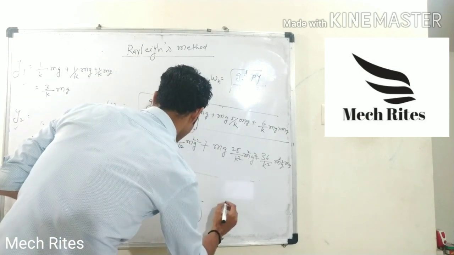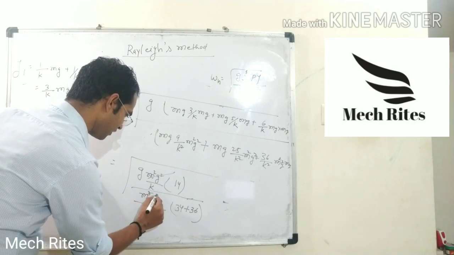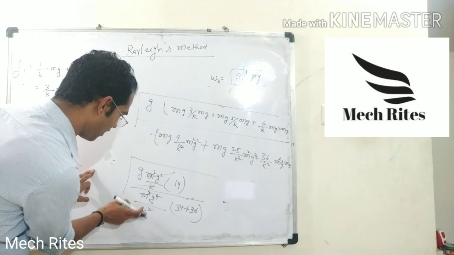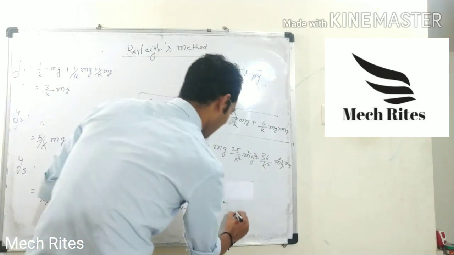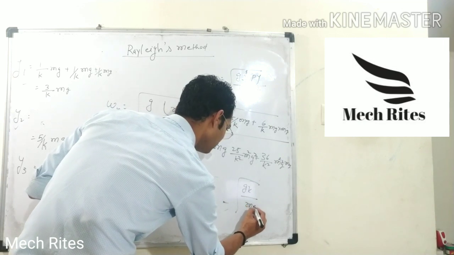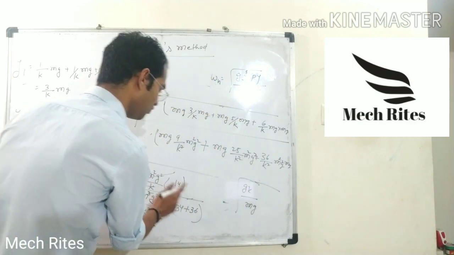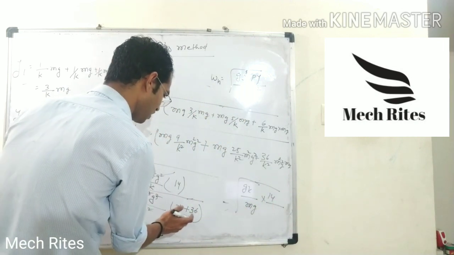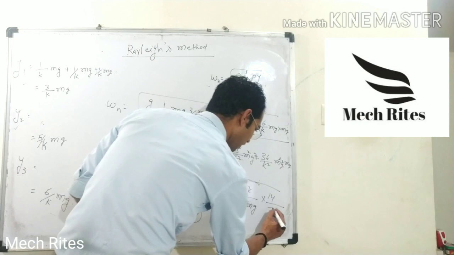So finally the cube will cancel, and this k will cancel the square, so I will take it upside, under root gk divided by mg, and it will be 14 divided by 70.